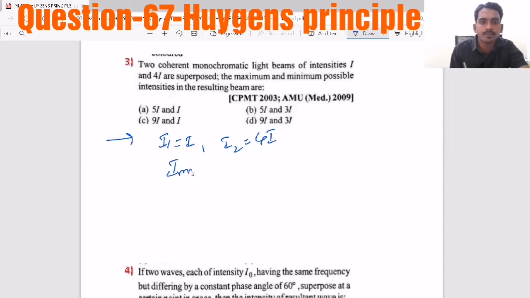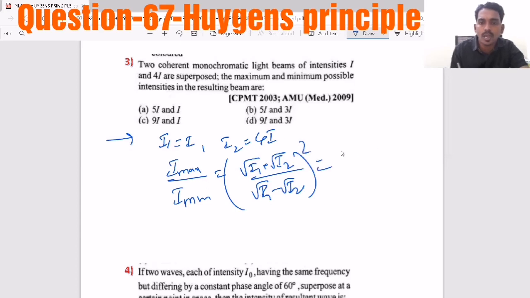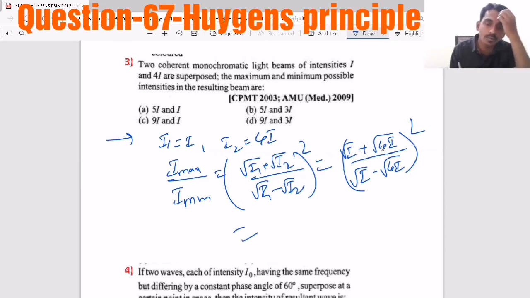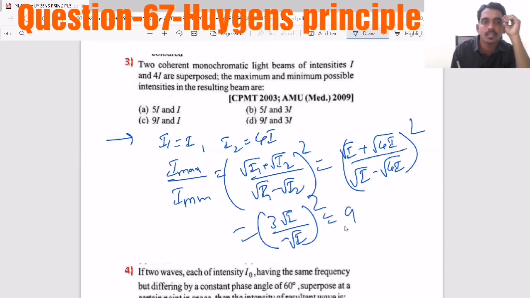Now I maximum by I minimum equals (root I1 plus root I2) by (root I1 minus root I2) whole square. So (root I plus root 4I) by (root I minus root 4I) whole square. Root I plus root 4I means 3 root I, and the denominator is minus root I, whole square. So 3 squared is 9. So the maximum is 9, minimum is 1, so 9I and I.